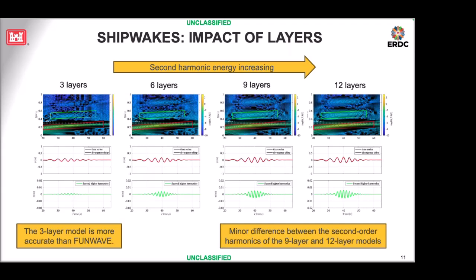Furthermore, if we compare the 9 to 12 layer case, we see that these second harmonics pretty much converge to a single magnitude. So at this point, at least within the model, we're properly resolving these higher harmonics with the 12 layers. Going beyond 12 layers in this case would not add too much.